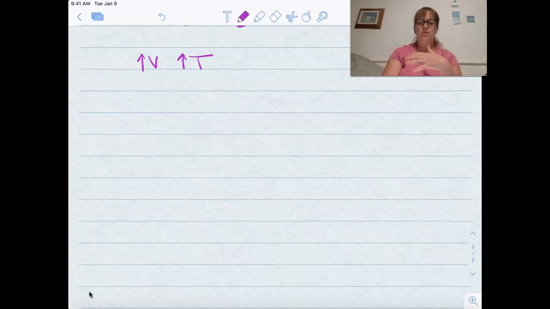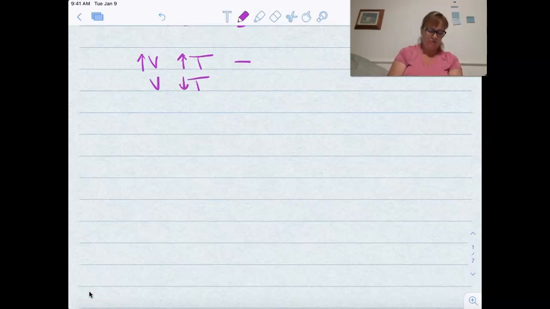So as temperature increases, volume also increases, right? When these two things are moving in the same way. So if temperature goes down, volume goes down, right? This is a direct relationship. We show direct relationships mathematically by division. All right, so we're going to use division.